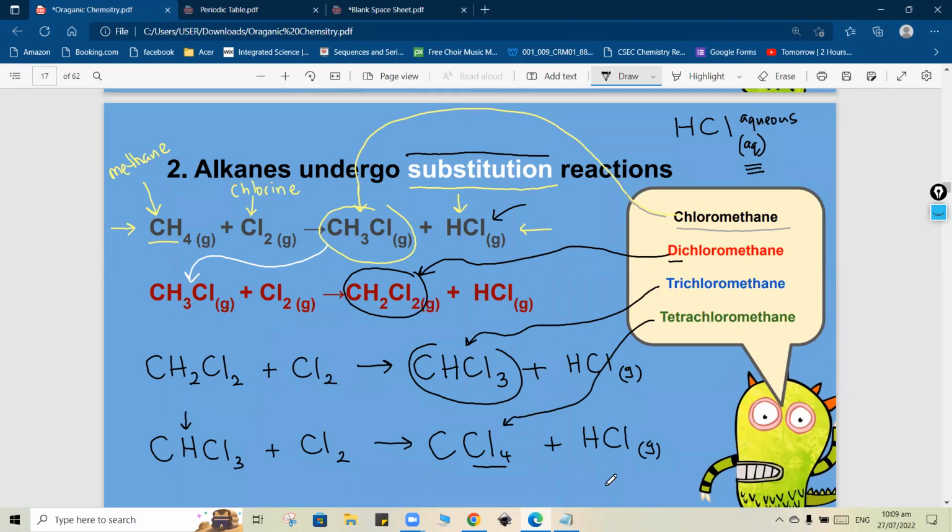Before you ask the question, since it has no more H's to replace, if we were to mix it with more chlorine, would the carbon get replaced? And the answer is no, right? The carbon is just too difficult to remove.